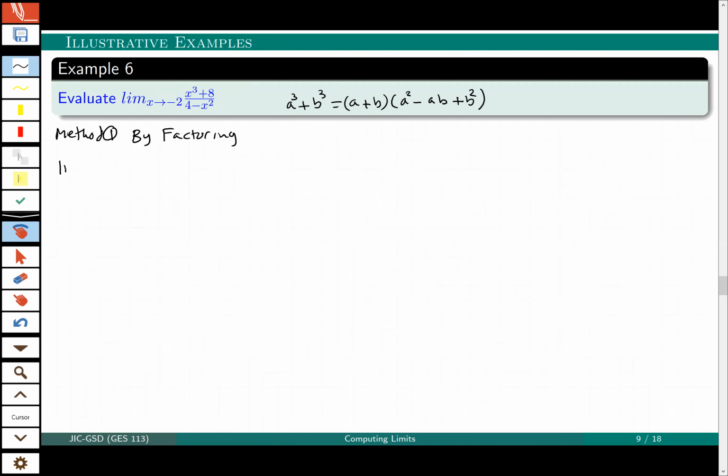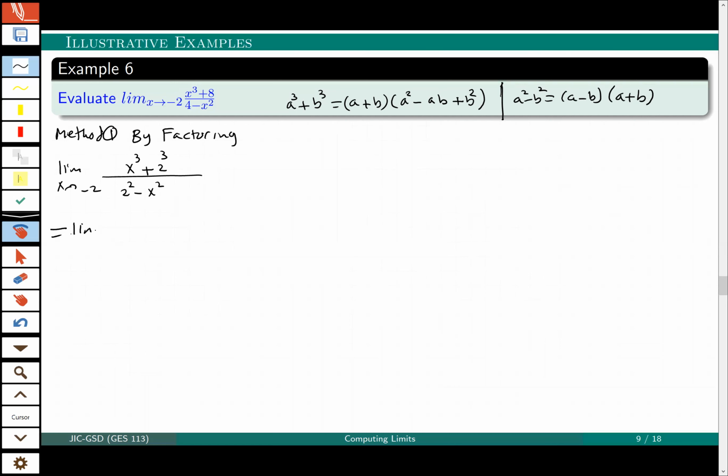So when I have the limit, when x goes to minus 2 of x cubed plus 8, means x cubed plus 2 cubed, over 4 minus x squared, means 2 squared minus x squared. So I'll apply the sum of 2 cubes and difference of 2 squares. Square root of the first minus square root of second, square root of the first plus square root of second.